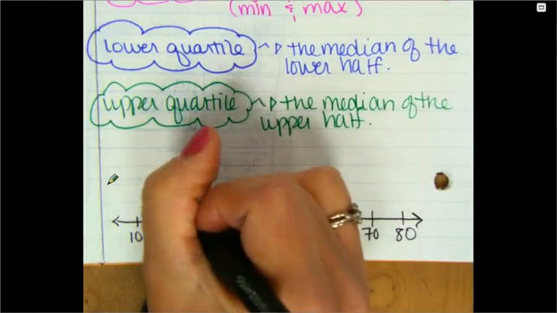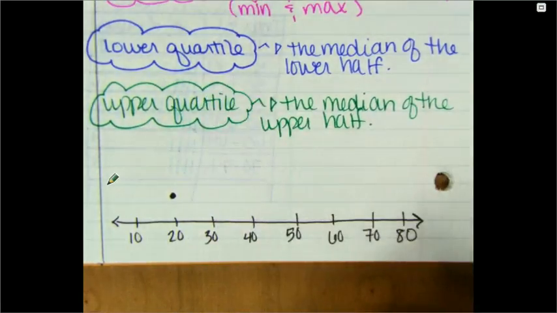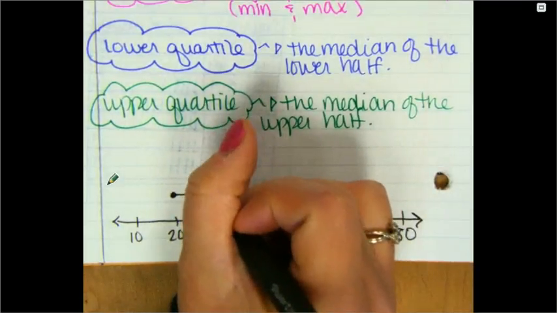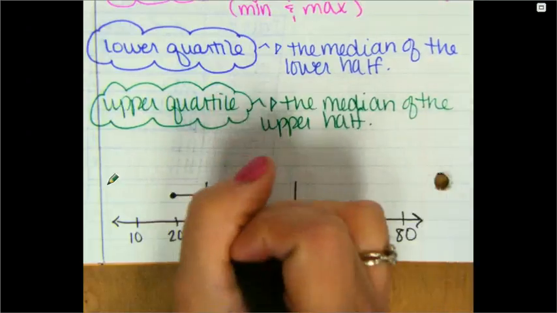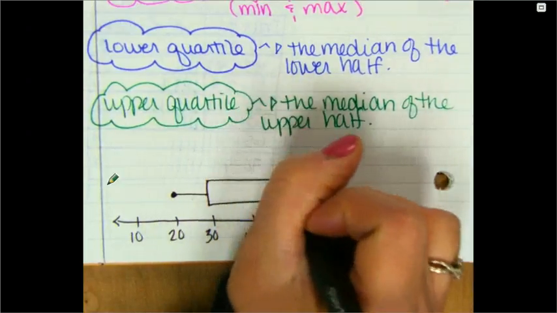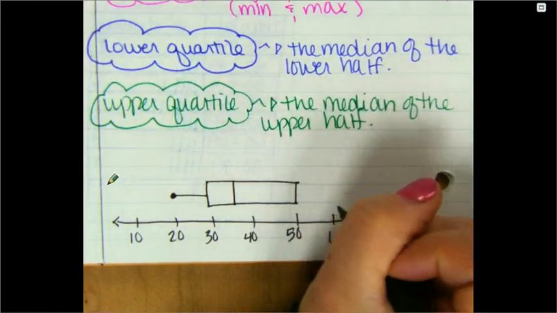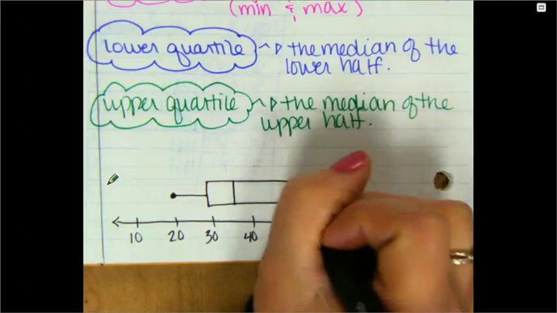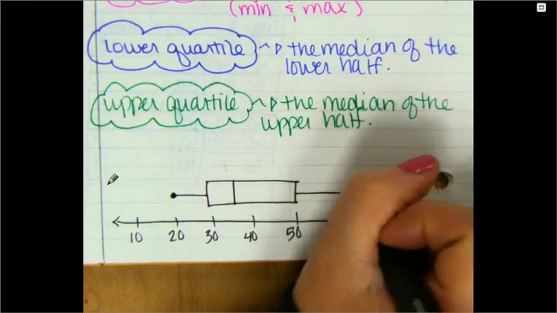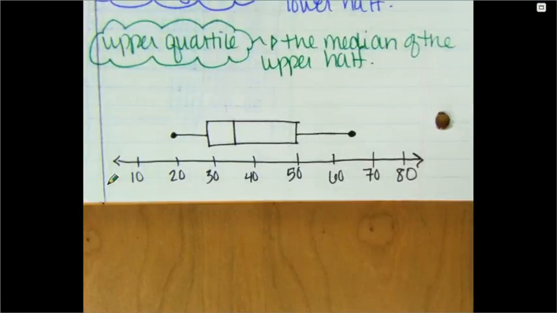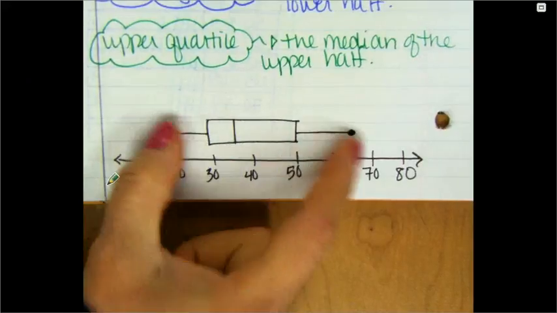A box and whisker is called a box because it has a box in which it has whiskers sitting on it. So here's your box and whisker.